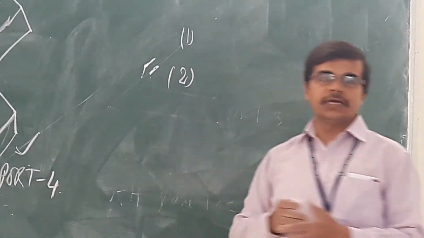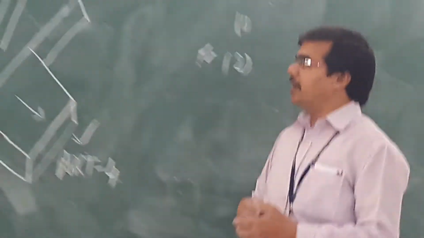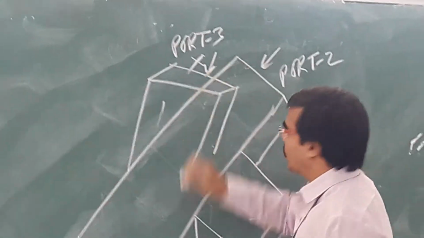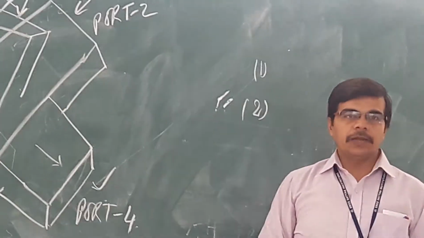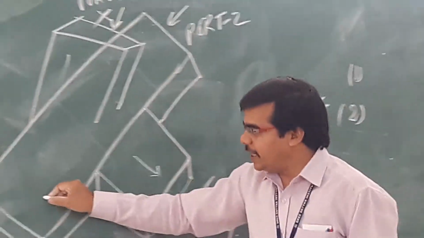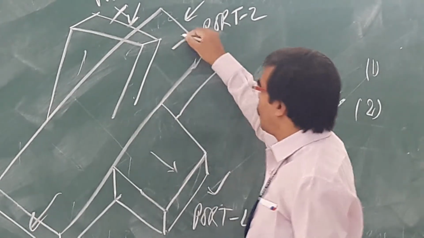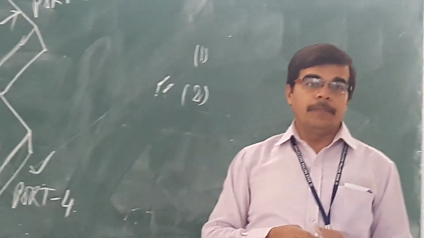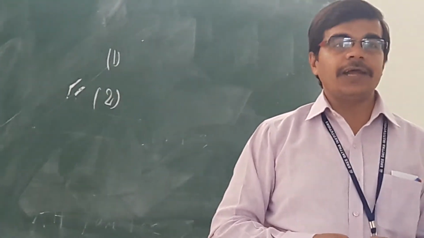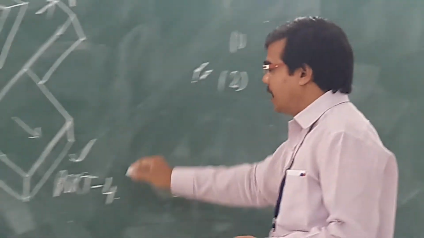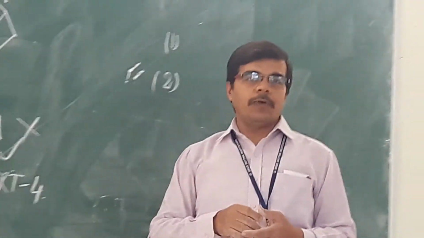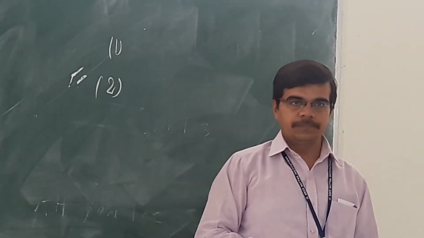The second operation is, suppose we are giving power at port 3, that power will be equally divided into your port 1 and port 2, but they are 180 degrees out of phase, and we will not get any power at port 4.